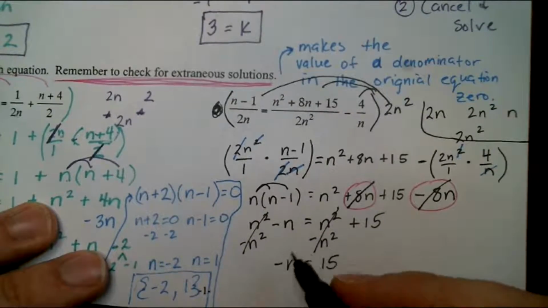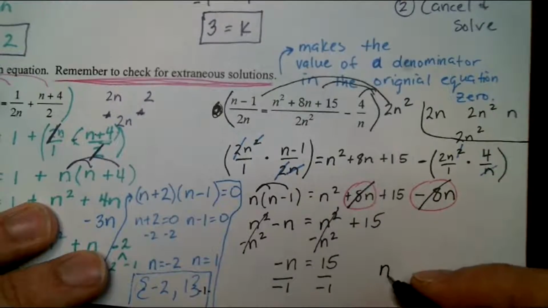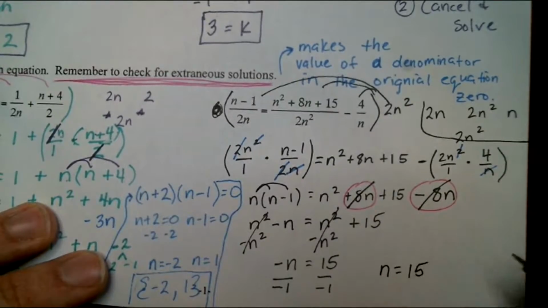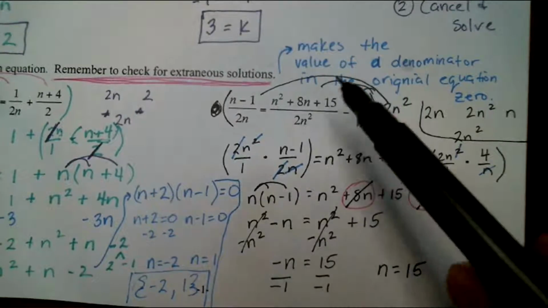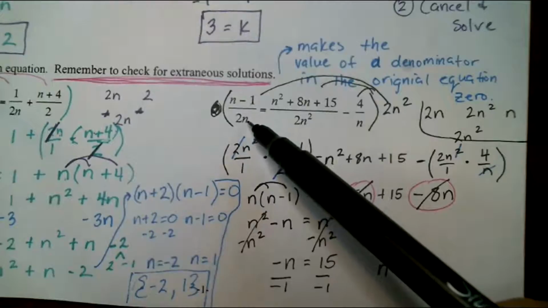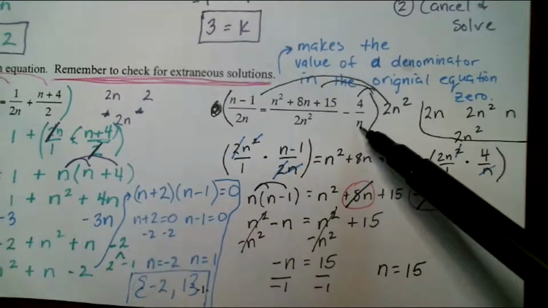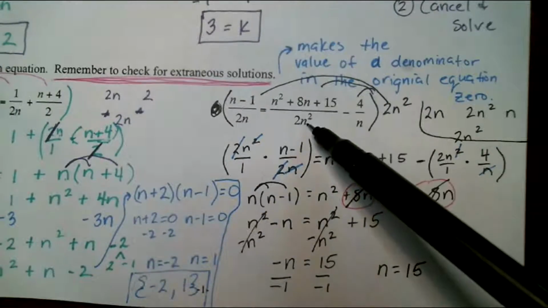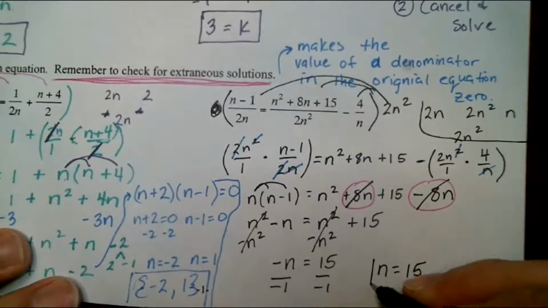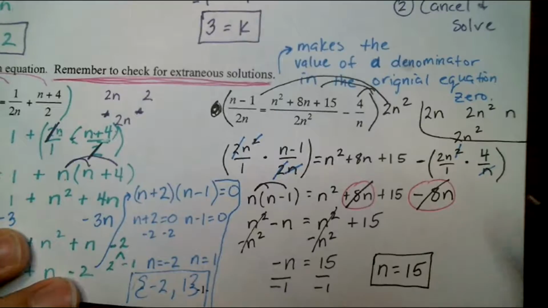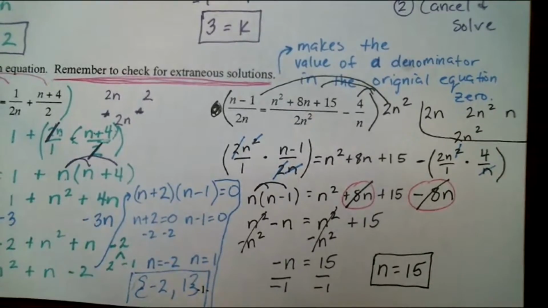But I can't leave the variable with a negative, so divide both sides by -1. And I get n is equal to 15. I check to make sure it will not make the denominator 0. It does not. If I plug a 15 there, or there, none of that will make it 0. So that is my correct answer. N equals 15.